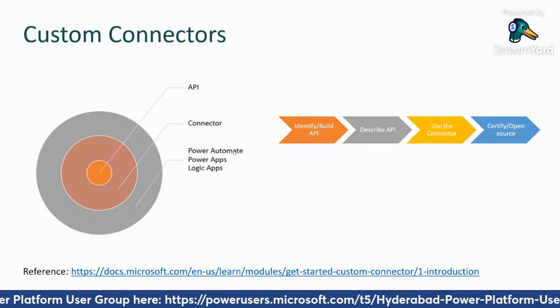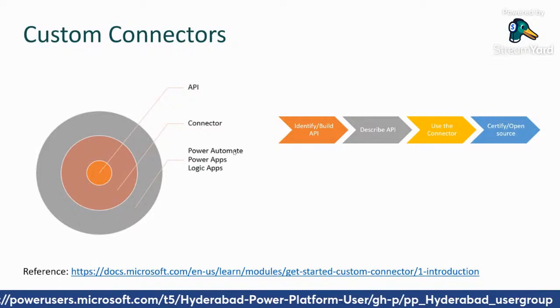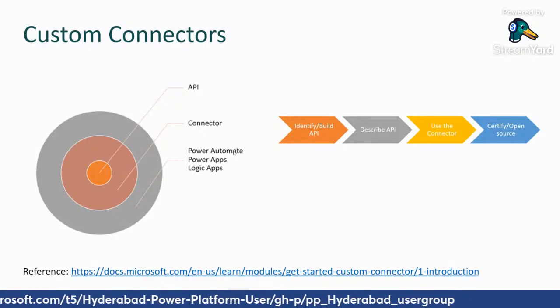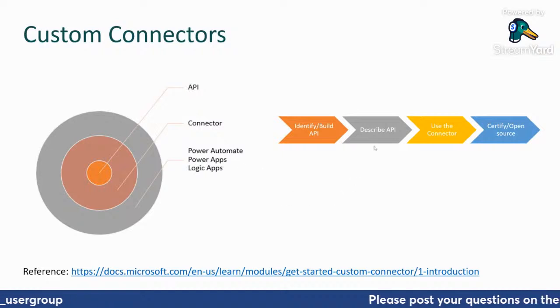Should we always go for custom connector development? Probably the answer is no. Then what is the use case, or the criteria, to go for a custom connector? The first one is to identify or build the API.